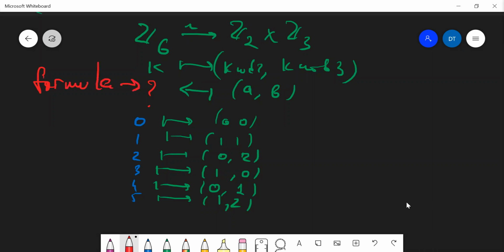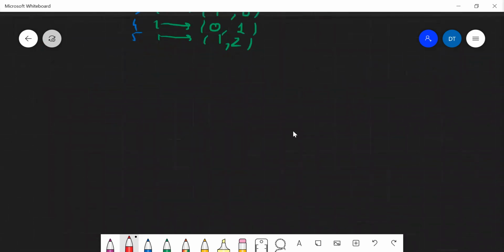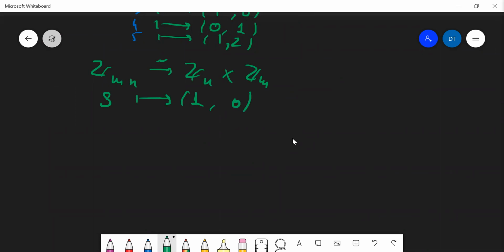So let me show you how to do this. And I want to do this in the general case. And then I will demonstrate this formula in this particular case. So first of all, I want to find an element S which goes to (1, 0).